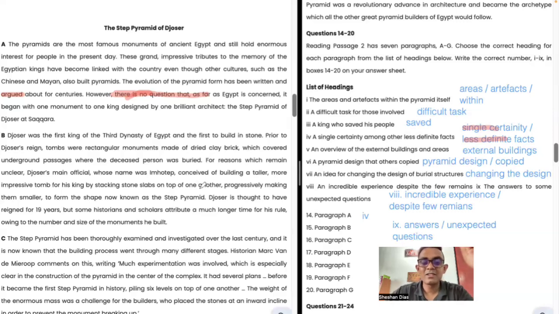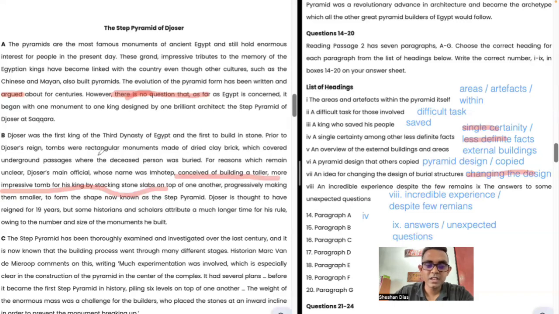So what have they done? They have clearly changed the design. So change the design. Where did we write that? Pyramid design. Here we are. Change the design. They conceived of building a taller, more impressive tomb for the king by stacking stone slabs on top of each other. So they have changed the design of the pyramid.